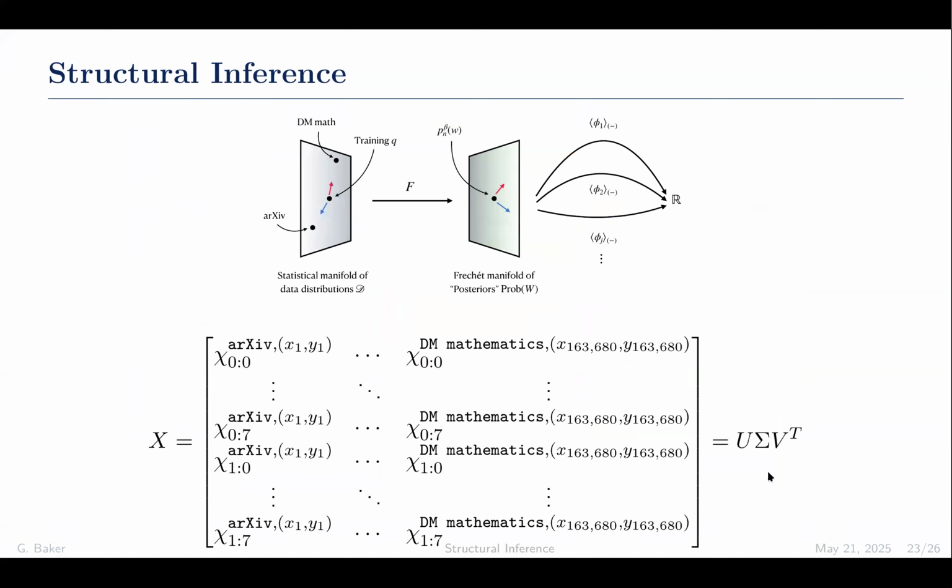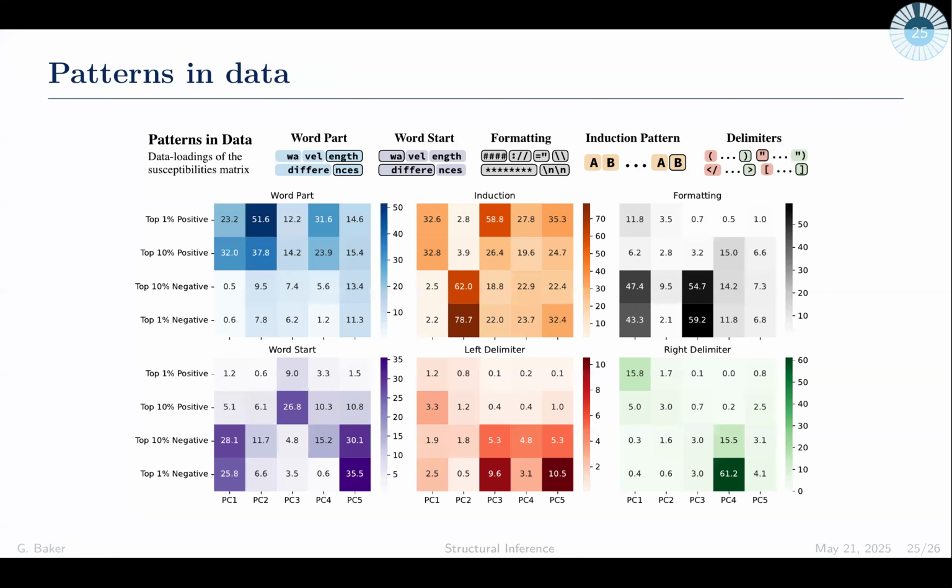These are our right singular vectors, right PCs. Each of the right PCs are going to be susceptibilities corresponding to each of the different XY pairs.